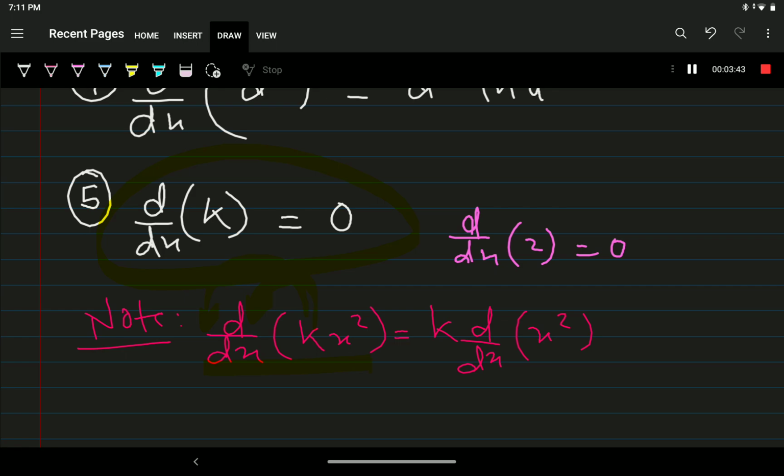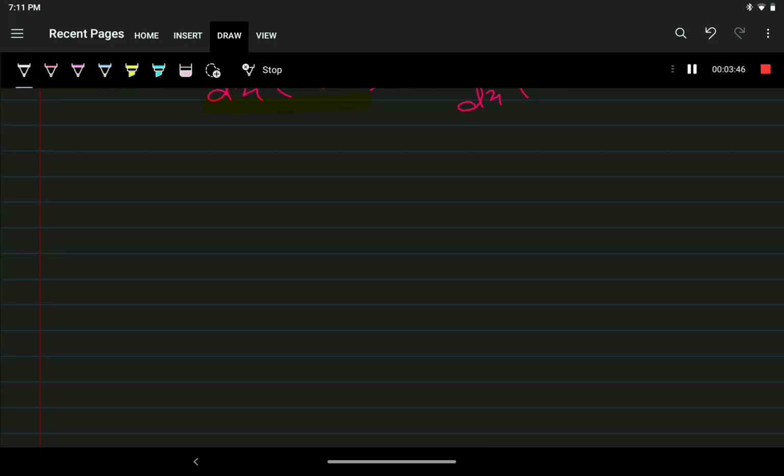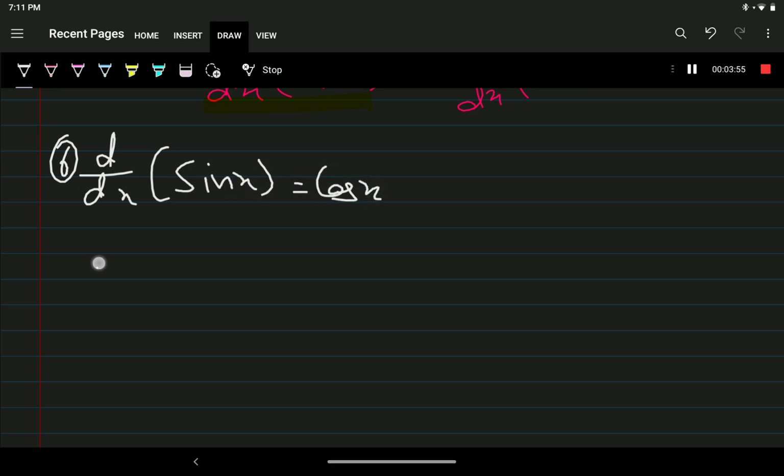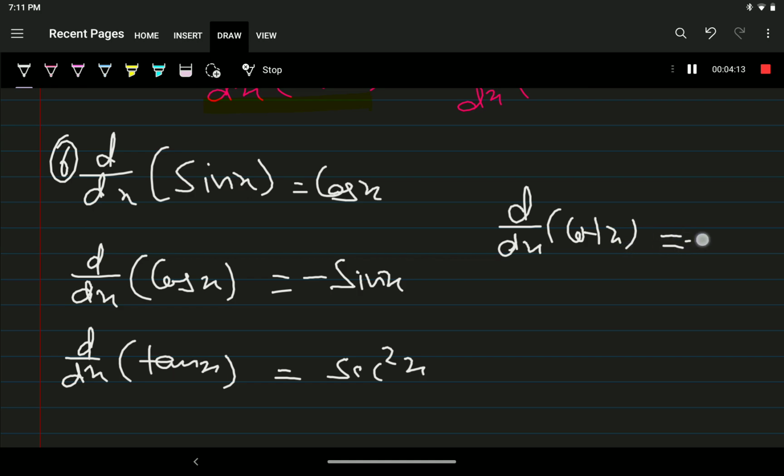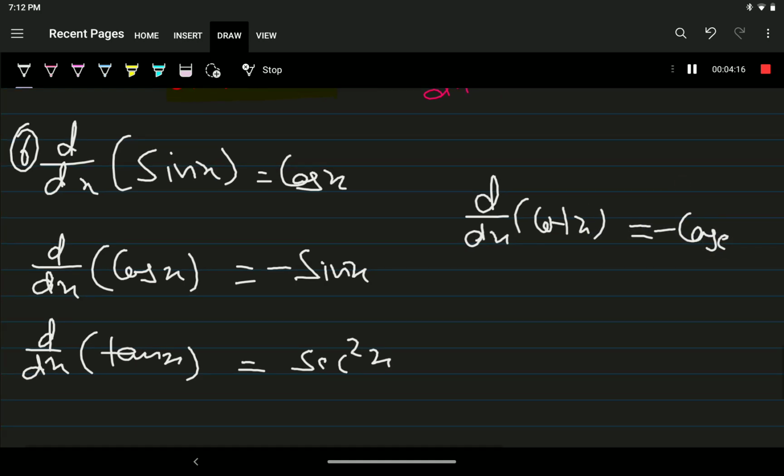Okay, guys. Next, there are some trigonometric values. That is d/dx of sin x is cos x, d/dx of cos x is minus sin x, d/dx of tan x is sec square x, d/dx of cot x is minus cosec square x, and d/dx of sec x is sec x tan x.